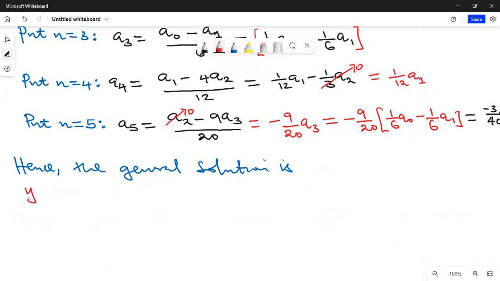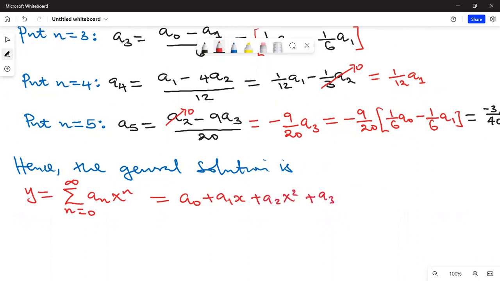We said y equals the sum from n equals 0 to infinity of a_n x raised to n. That's where we started. And if you break it down, it's the same as a0 plus a1 x plus a2 x squared plus a3 x cubed plus a4 x raised to 4 plus a5 x raised to 5.